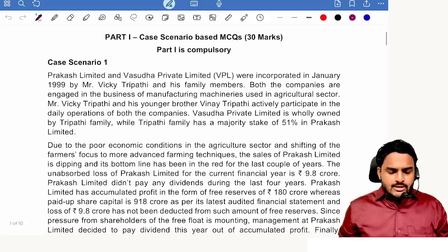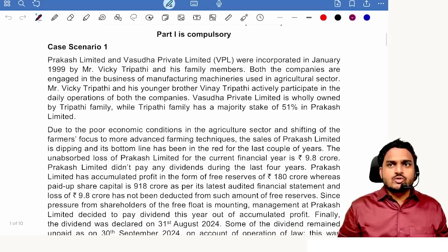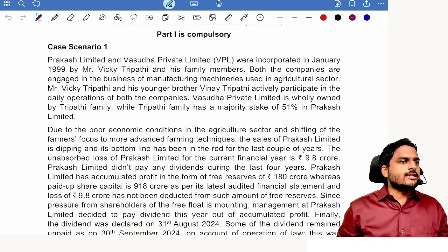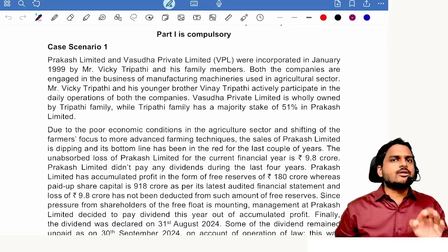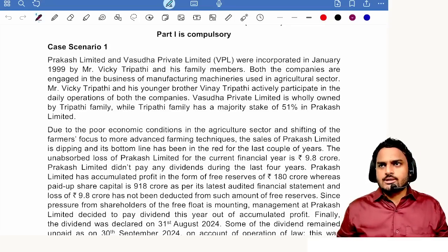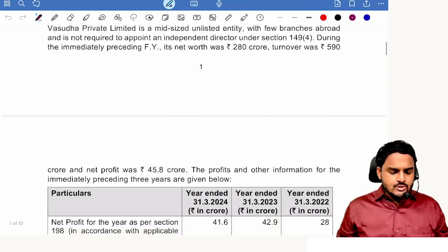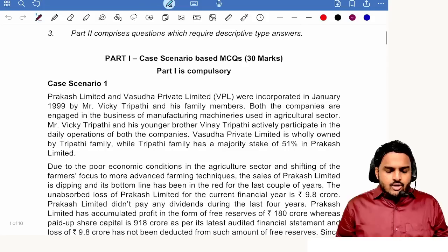Suppose part 1 is case scenario based MCQ, 30 marks, and part 1 is compulsory. That means there is no choice with respect to part 1. 15 MCQs we are having. Each MCQ carries 2 marks. No negative marking for the time being. For a right answer, you will get 2 marks, and for a wrong answer, 0 marks. That's it. Just look at the case scenario. This is as per a normal text.